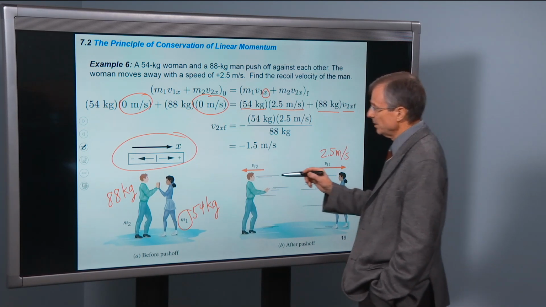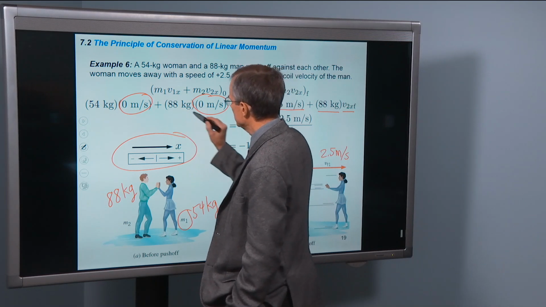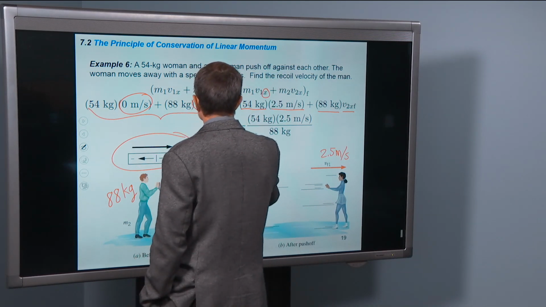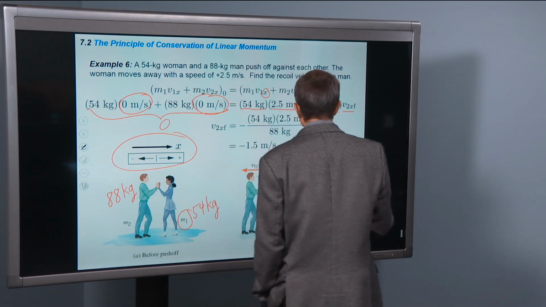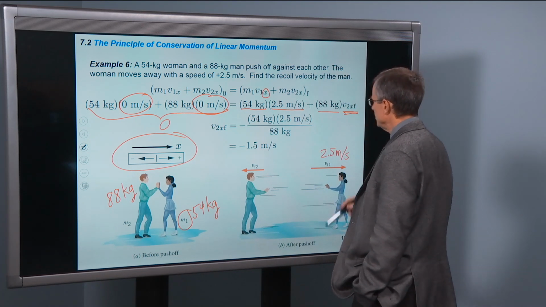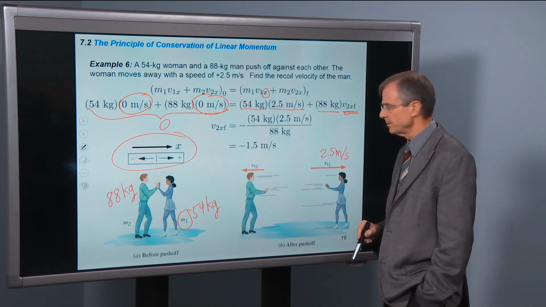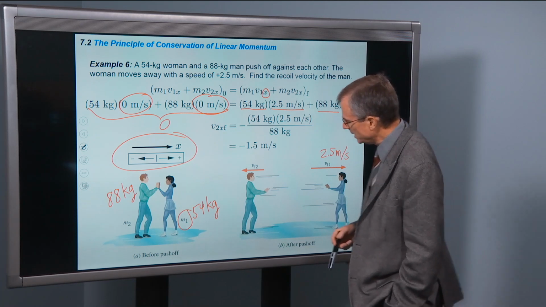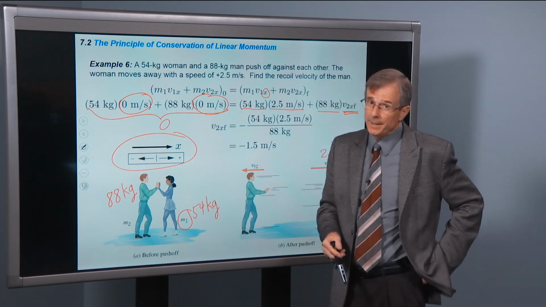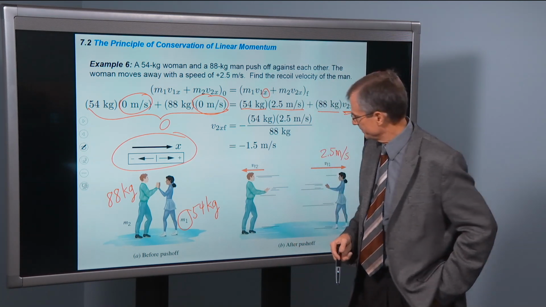Well, we've got 0 on the left-hand side. All this stuff here adds up to 0. So we can actually solve for v2x using the principle of conservation of momentum, as long as we can ignore the work done by external forces.